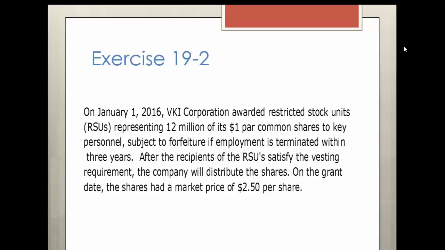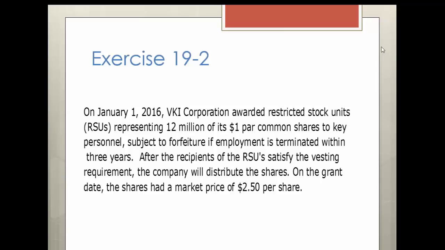There's a distinction there that we'll get into later. You notice that these shares have a market value of $2.50. That $2.50 is the amount we're dealing with, and it's the market price when we developed this restricted stock unit program.